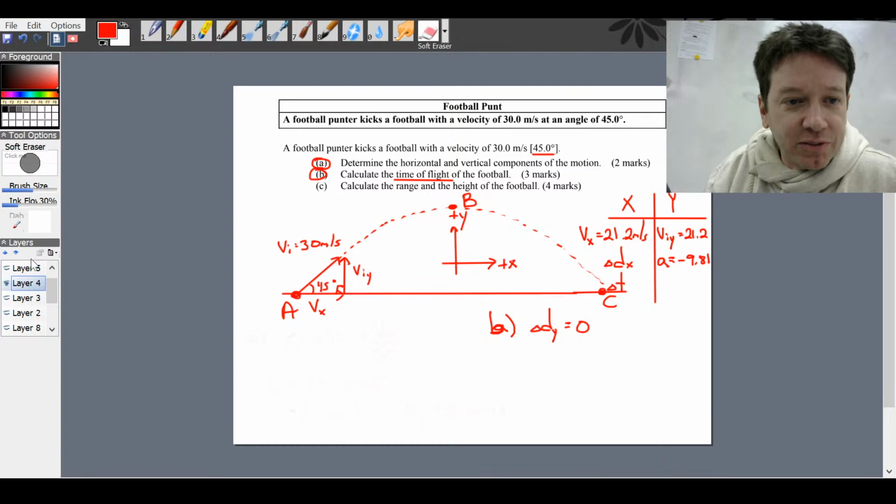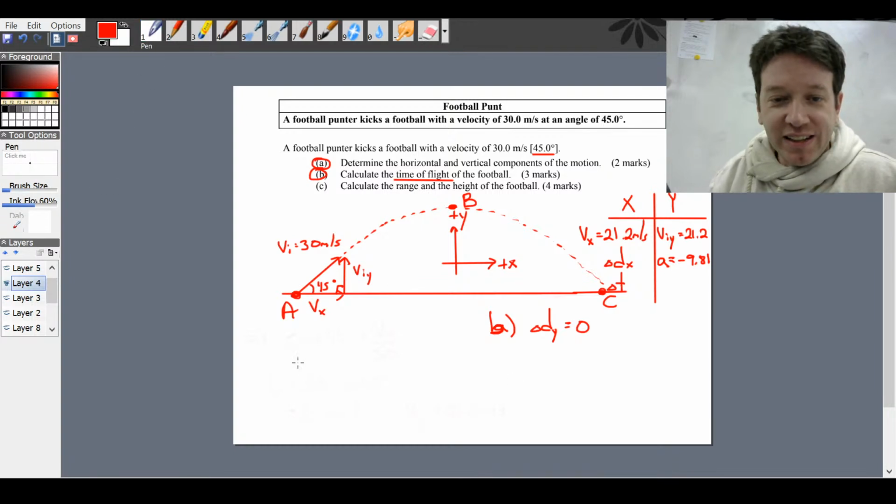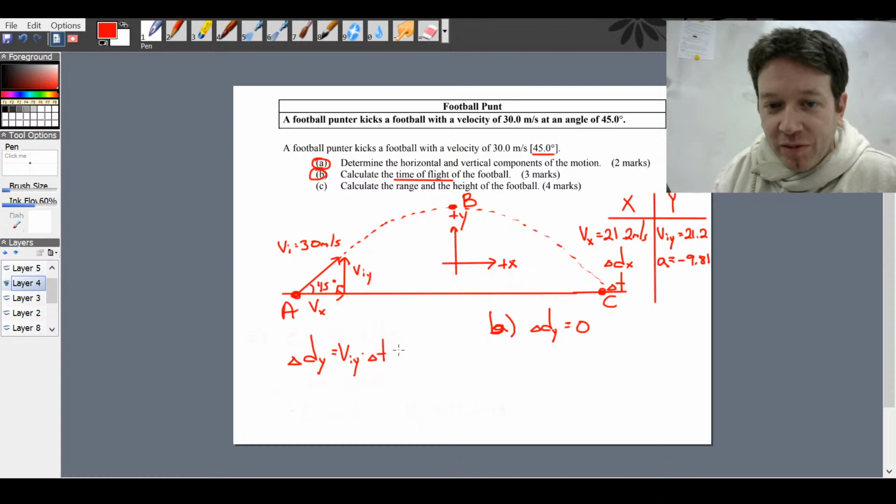All right, so the equation that we want to use, this equation you see the most often in projectile questions, is this one. So VIY times time plus 1/2 A times time squared.